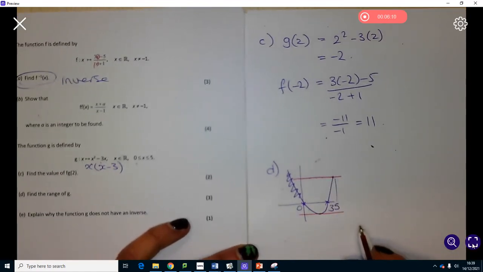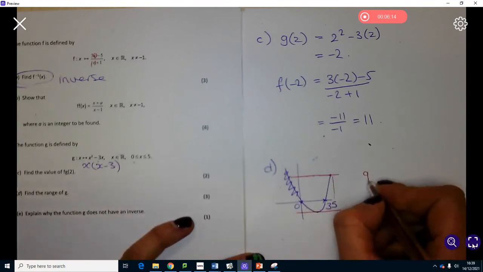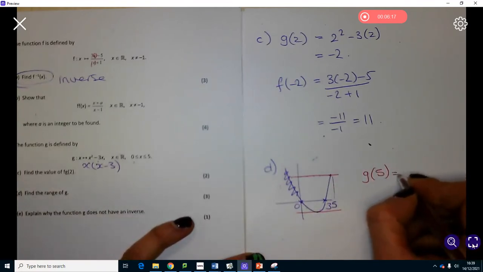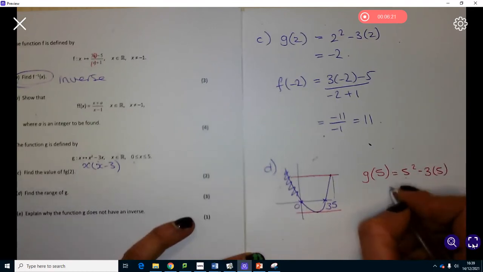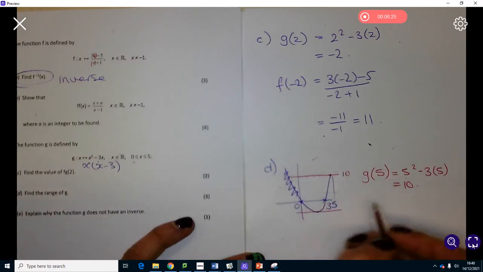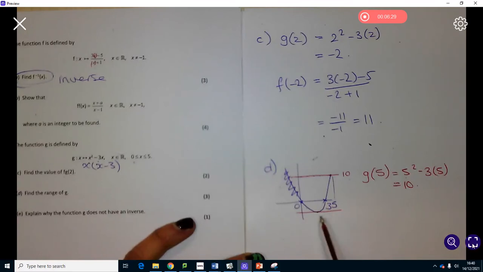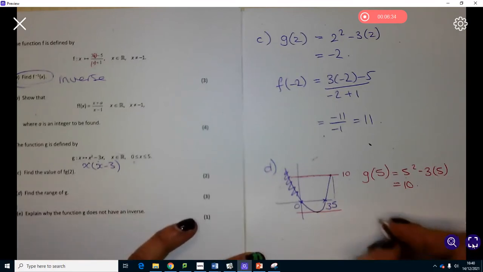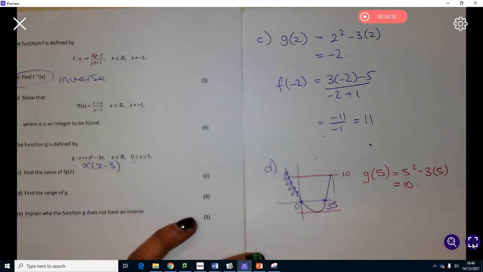The maximum is easy to find because I know from the graph that's when x is 5. So I can do g of 5 is 5 squared take away 3 times 5, 25 take 15 is 10. So this function must be less than or equal to 10. I need to find the minimum point here. I can do that by completing the square with the function x squared take away 3x.